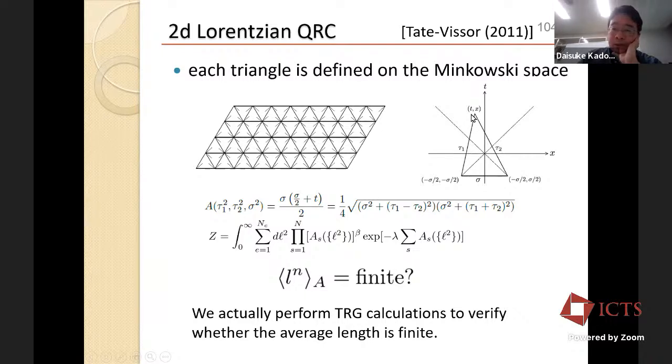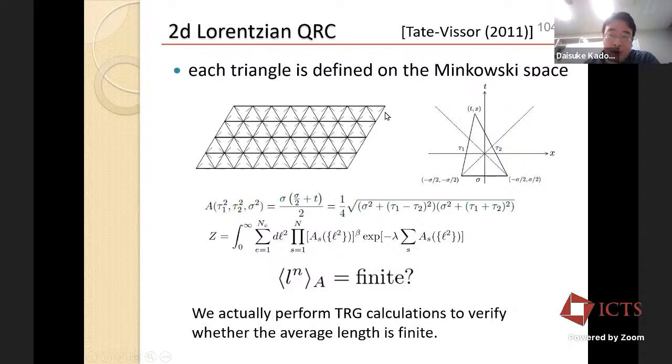And these two edges are time-like edges in this case. So the area of a Lorentzian triangle is given by these three edges, two time-like edges, tau 1, tau 2, and one space-like edge, sigma, like this. And in this setup, sigma cannot go to infinity while keeping the area fixed.